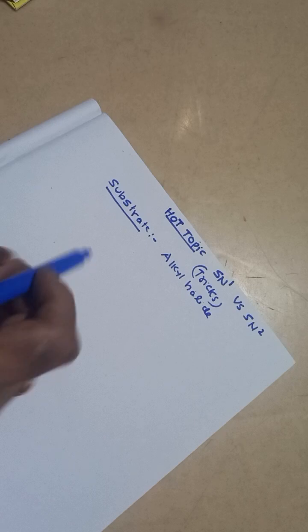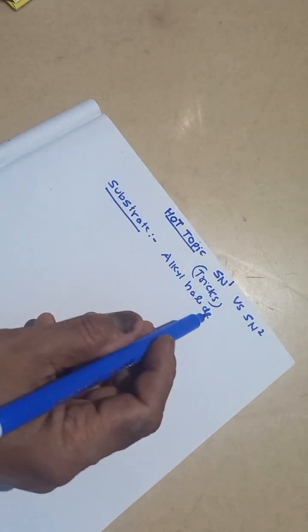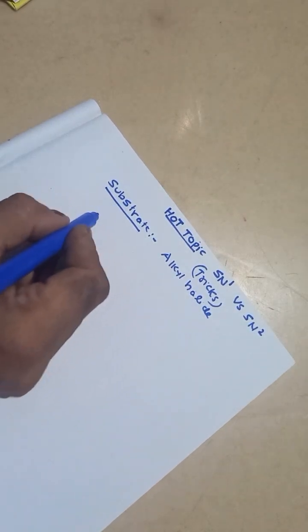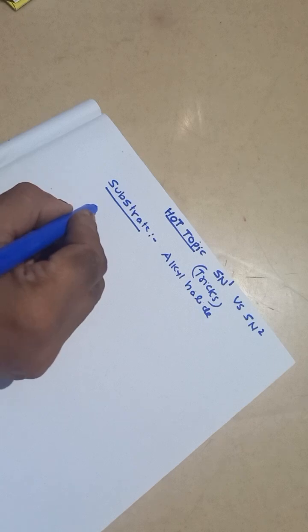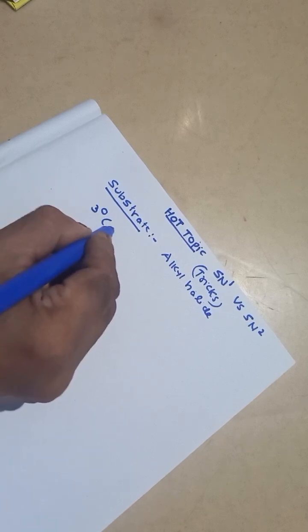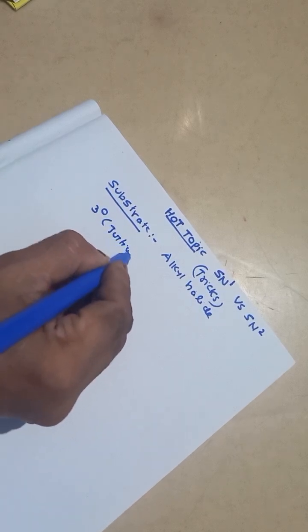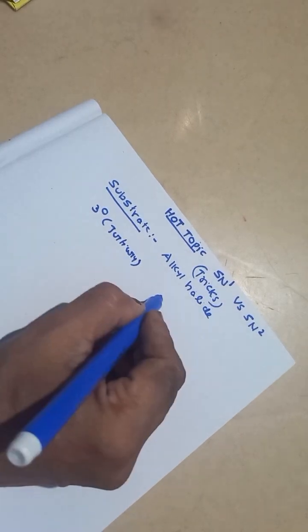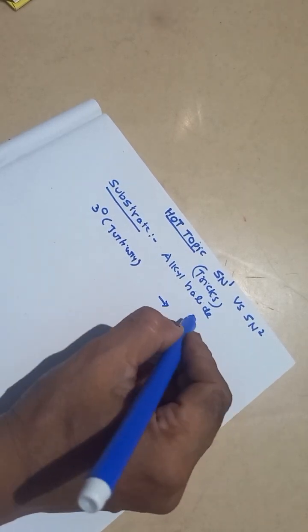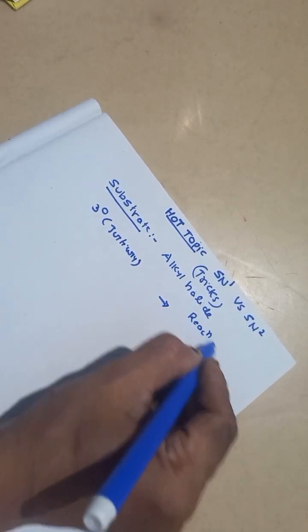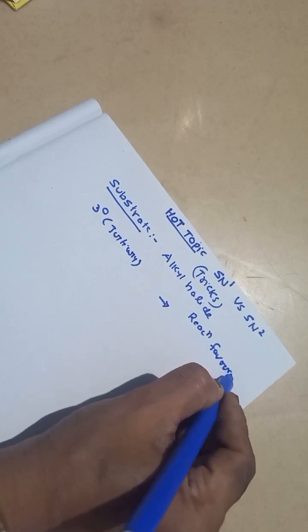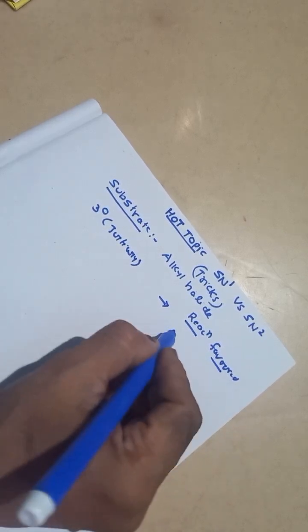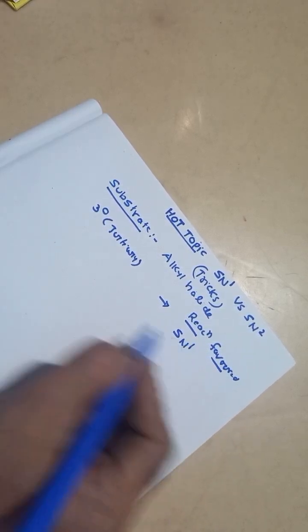Here today I am going to teach you some tricks about SN1 versus SN2 reaction mechanism. So first of all, find the substrate. If the substrate is alkyl halide, that is if it is tertiary alkyl halide, then remember the reaction favored is SN1 reaction.